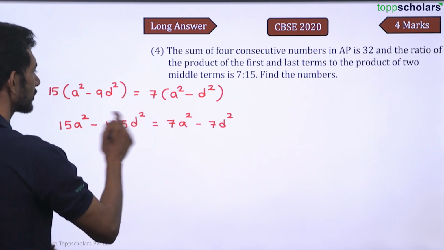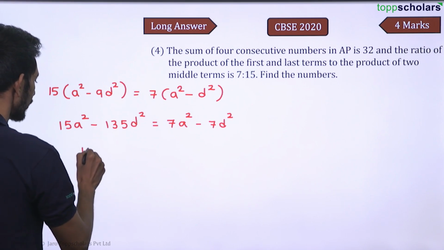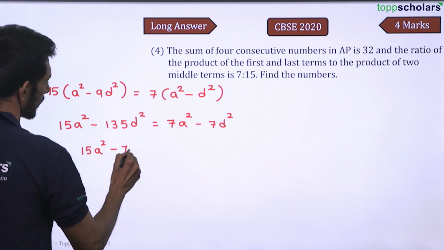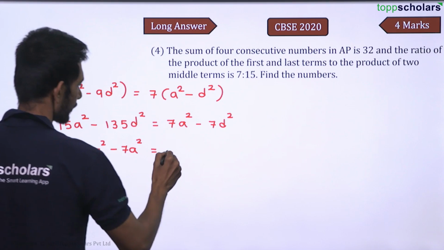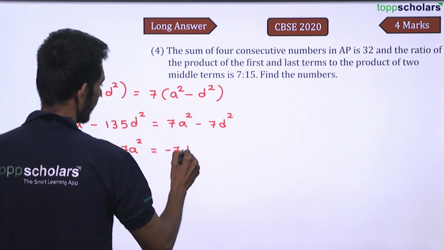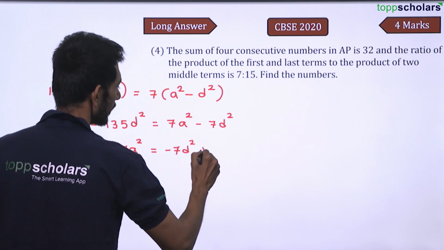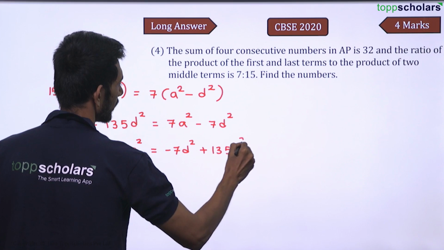Okay, let us shift the terms now. Let me shift 7a square to the other side. So that becomes 15a square minus 7a square is equal to, this is minus 7d square, minus 135 goes to the other side, it becomes 135d square.